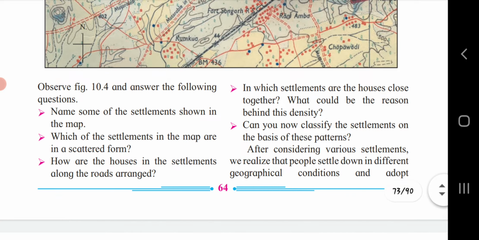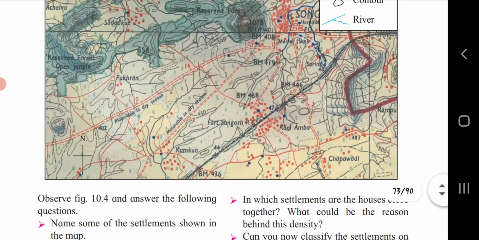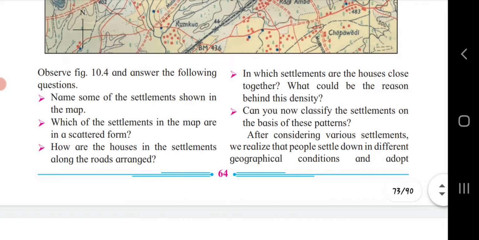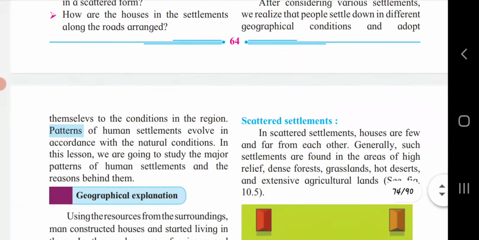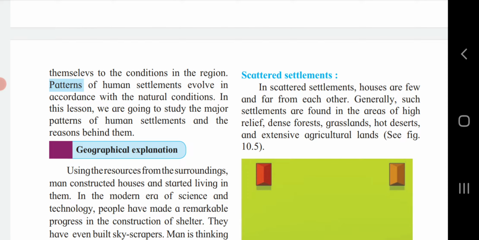Can you now classify the settlements on the basis of these patterns? On this pattern, we can come to know it is scattered settlement, linear settlement, and nucleated settlement. These are the three types of settlements, and all are seen in this map. After considering various settlements, we realize that people settle down in different geographical conditions and adapt themselves to the conditions in the region.